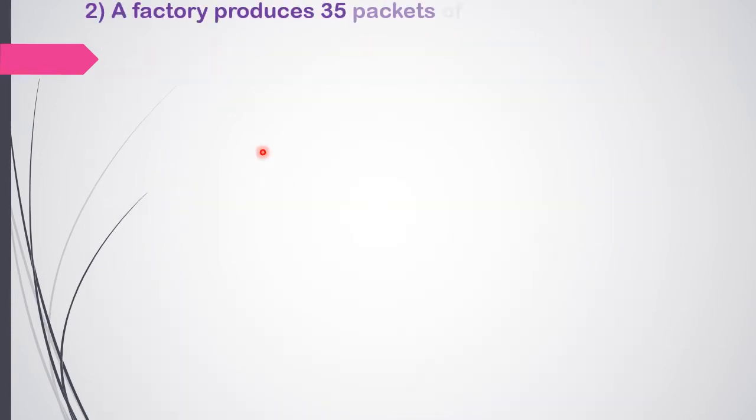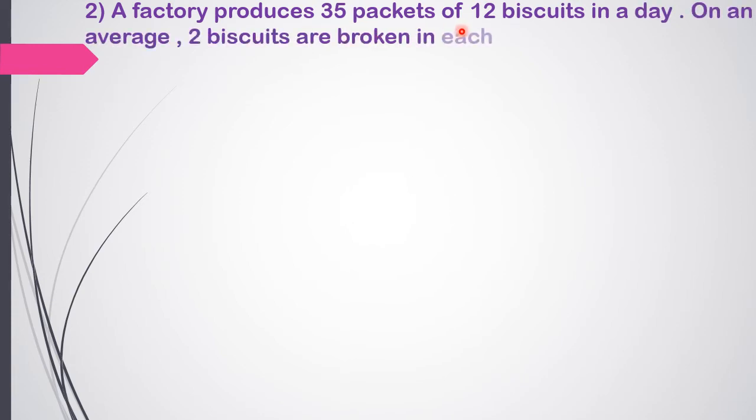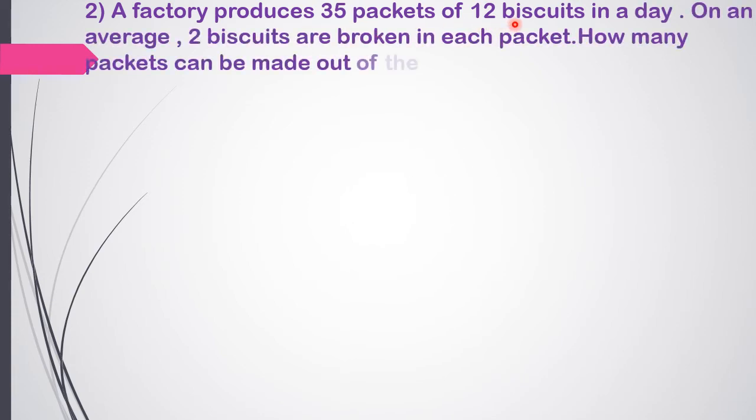Then our next sum. A factory produces 35 packets of 12 biscuits in a day. On an average, 2 biscuits are broken in each packet. How many packets can be made out of the remaining biscuits?